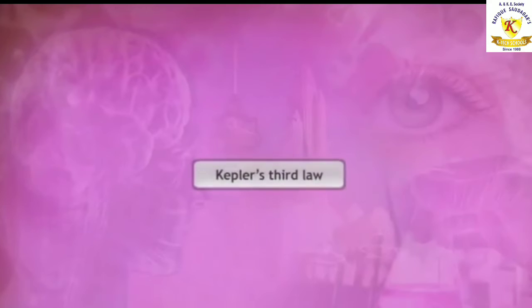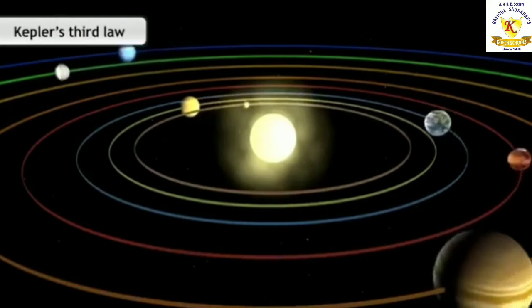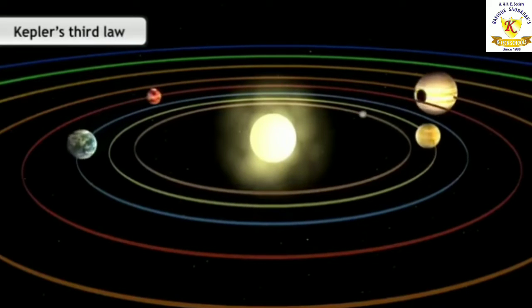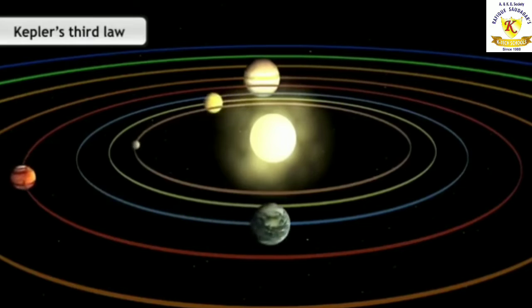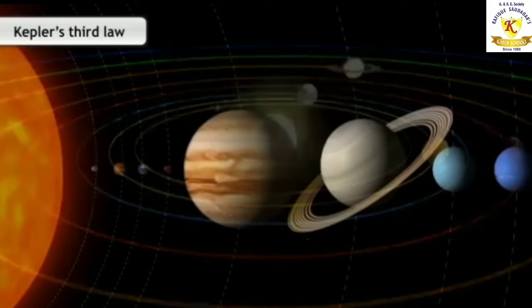Kepler's third law: the square of its period of revolution around the Sun is directly proportional to the cube of the mean distance of a planet from the Sun.